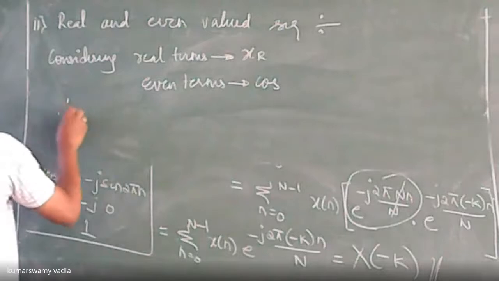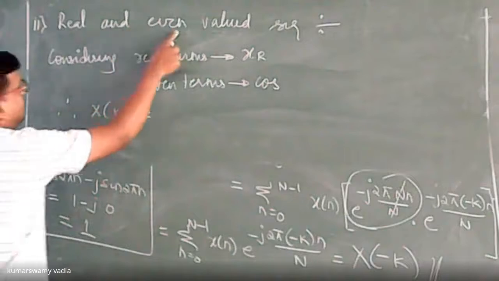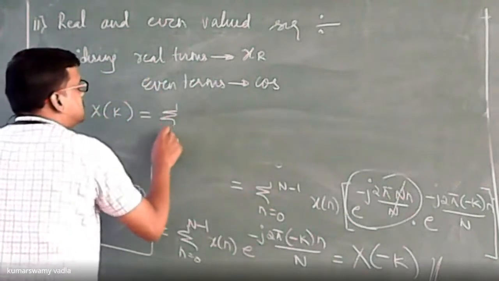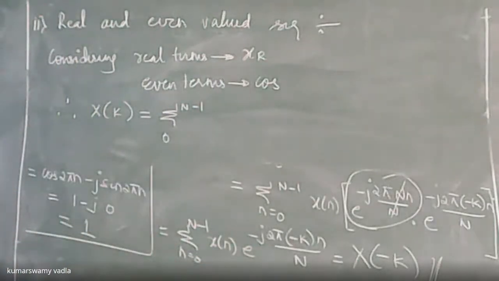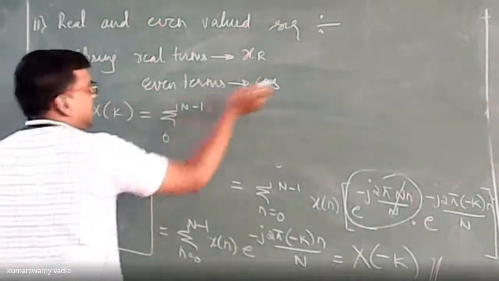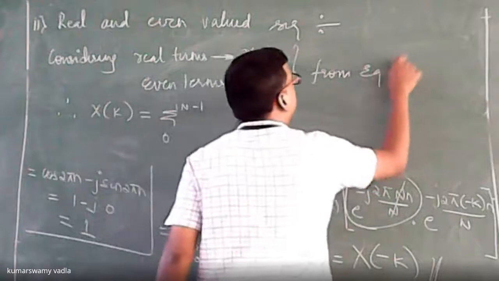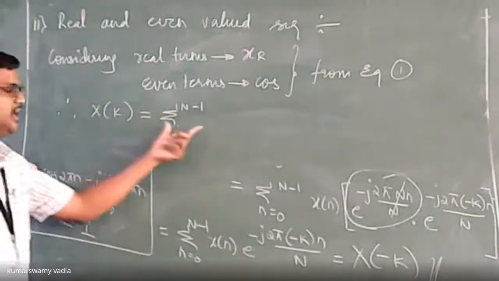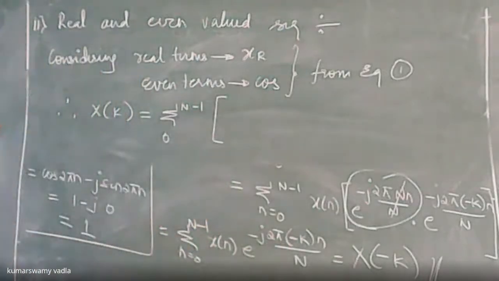So therefore x of k, DFT of real and even sequence will be 0 to n minus 1. From equation number 1, x of k is equals to 0 to n minus 1. What is first term in equation number 1, friends? xr of n cos 2 pi kn.